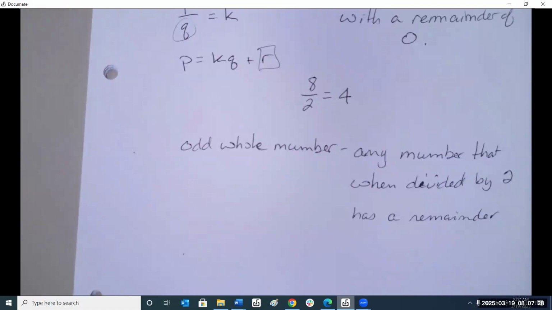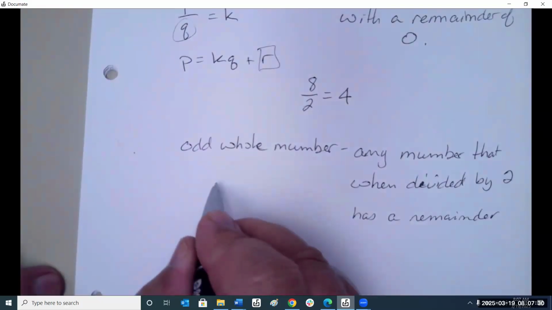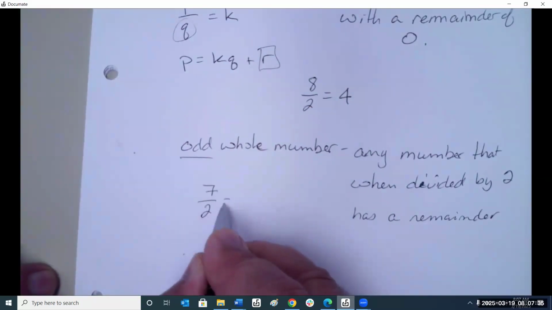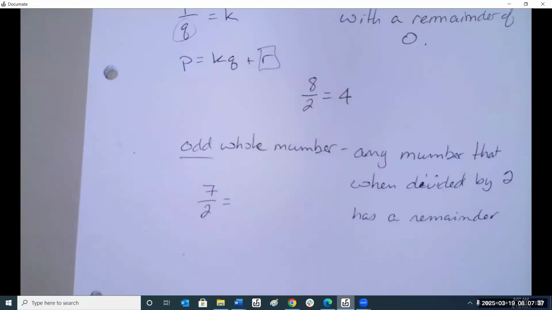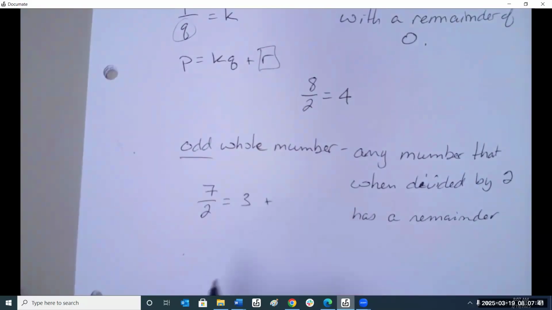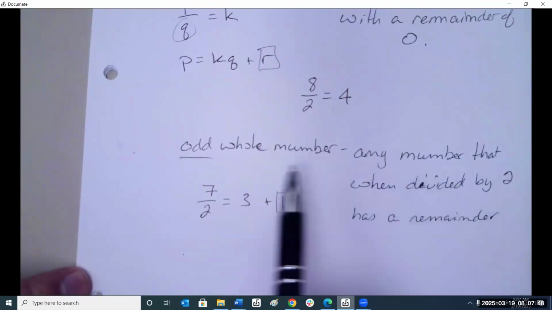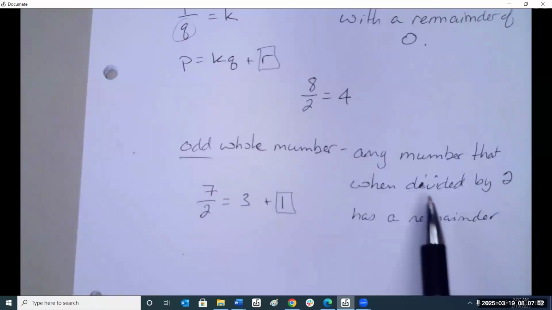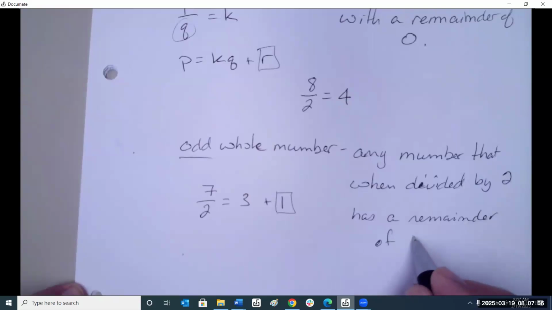But more precisely, so we have 7 divided by 2. How many times does 2 go into 7? With how many remainders? This is what's important. An odd number is any number who, when divided by 2, has a remainder of 1. Always.